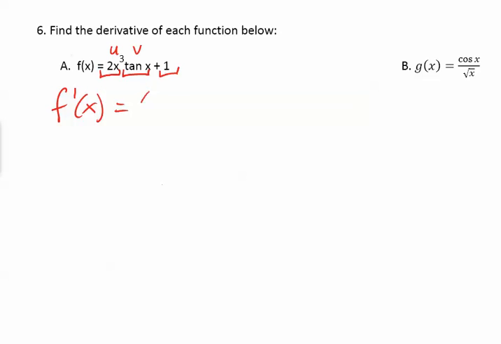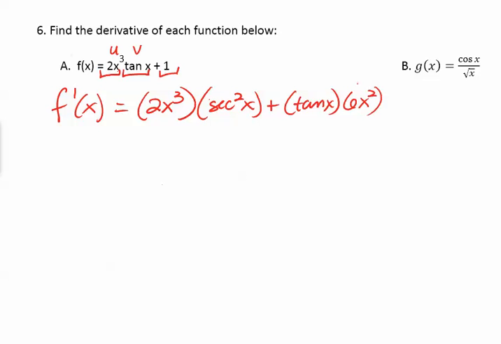So we've got our u function, leave it alone, times the derivative of the v, secant squared, plus the v term, times the derivative of u, that would be a 6x squared, and then we'd have a plus 0. I just want to make sure you don't forget to go back if there was another term there.